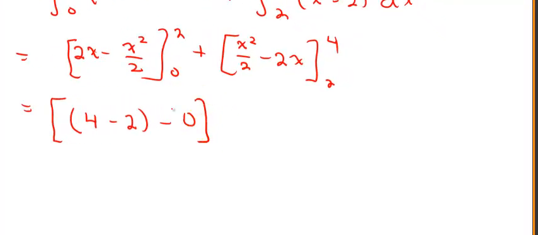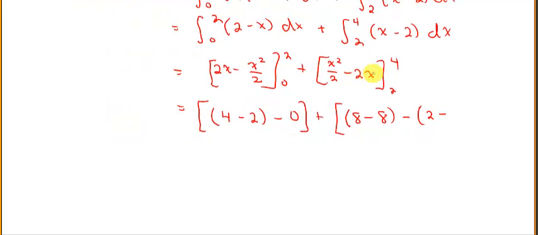Okay, so that will be the value of this first integral, plus when I evaluate this at 4, I'll get 4 squared, 16 divided by 2 is 8, minus 2 times 4 is 8. That's going to be 0. Then minus the value at 2: 2 squared is 4, divided by 2 is 2, and I'd be subtracting 2 times 2, 4.